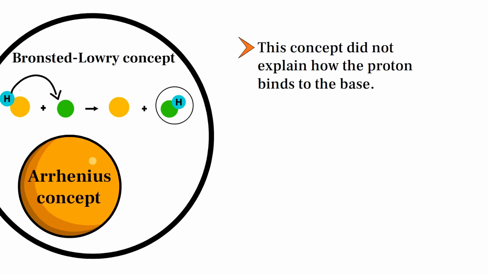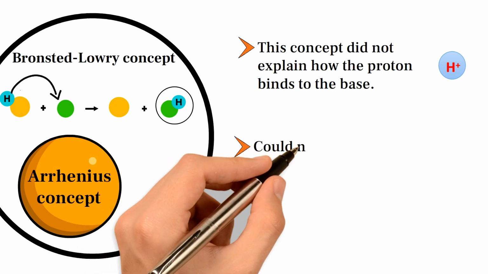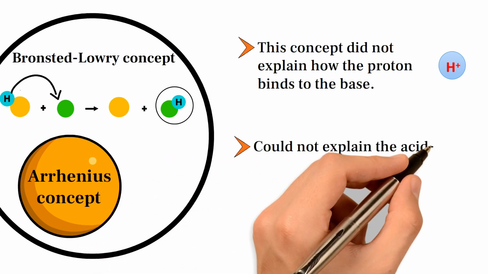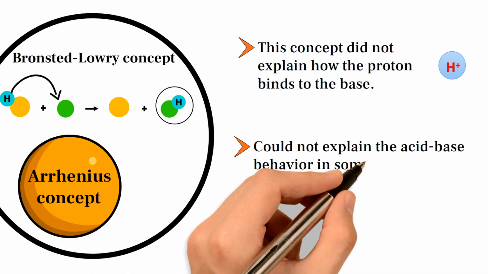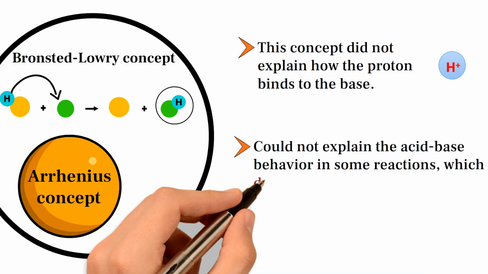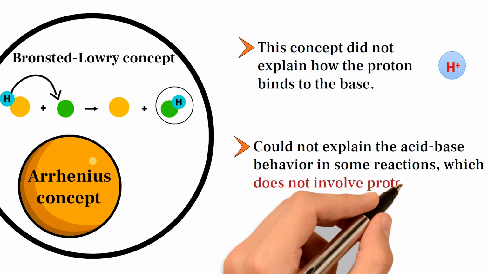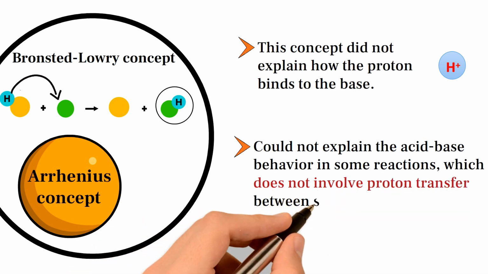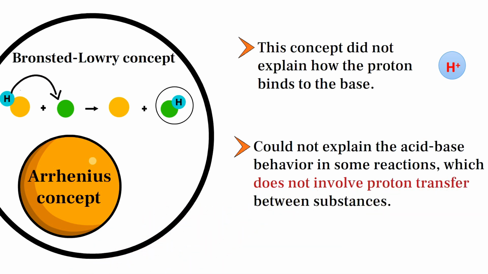As we know, a proton is a hydrogen ion, which is a hydrogen atom that has lost its electron. Also, they couldn't explain the acid-base behavior in some reactions which do not involve proton transfer between substances, as shown by the following equation.